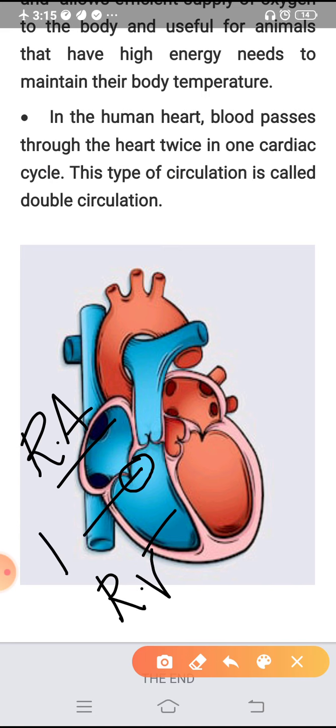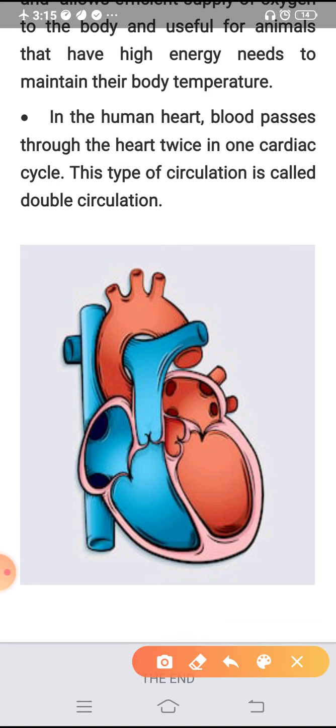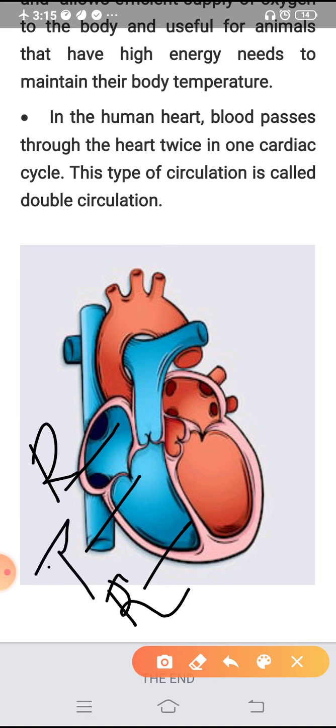Easy to remember, it is the tricuspid valve between the right atrium and right ventricle. Okay, so it is easy to remember RTR. R for right atrium, T for tricuspid valve and R for right ventricle.